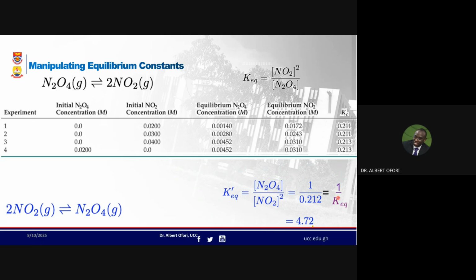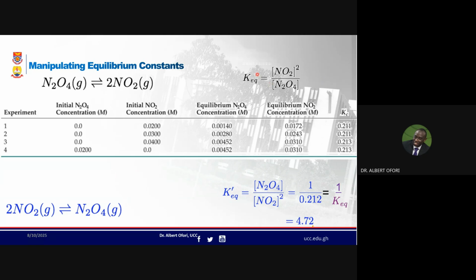So when we say reverse, it is just a fraction of the first one, 1 over that figure. I give you this experimental data to see if it is true that when I reverse it, it becomes 1 over that figure.